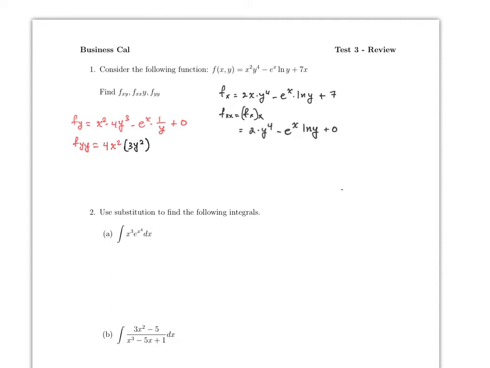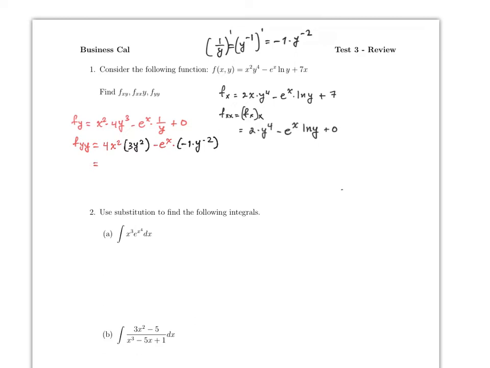Then e to the x is a constant. The derivative of 1 over y, remember that 1 over y is the same thing as y to the negative 1. So therefore the derivative of this is minus 1 y to the negative 2. So this will be minus 1 times y to the negative 2.